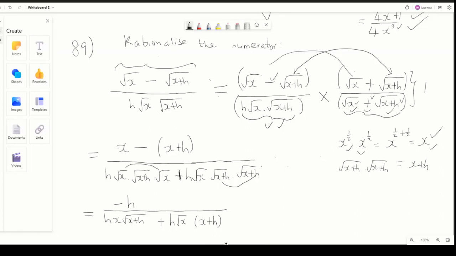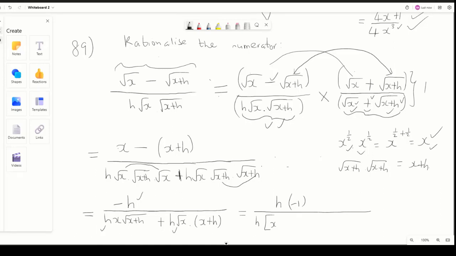And my common factor, as you guys can see, is h. H arises in the numerator and also in the two terms in the denominator. So ultimately, I take out the h. Okay, I have the minus one there. I factorize it here in the denominator. Well, I'll have x.